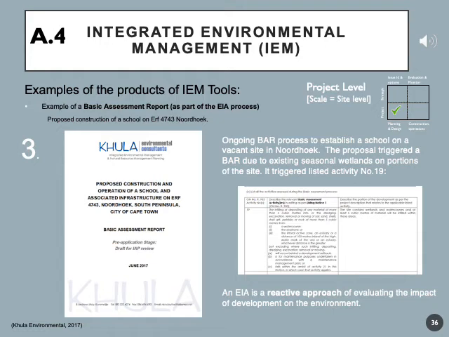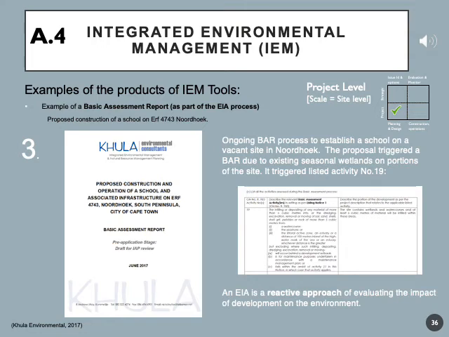The proposal triggered a basic assessment due to seasonal wetlands on the property. Okay, so it's very site specific. It's not strategic at all. It's project specific, and it's at the planning and design phase.